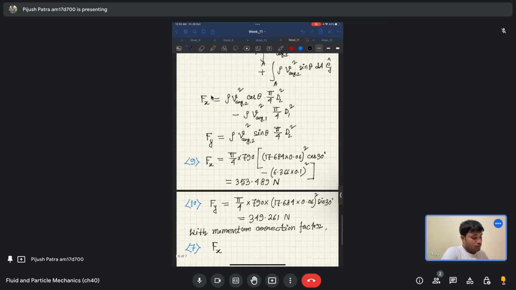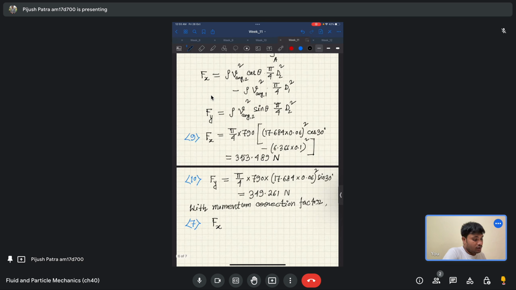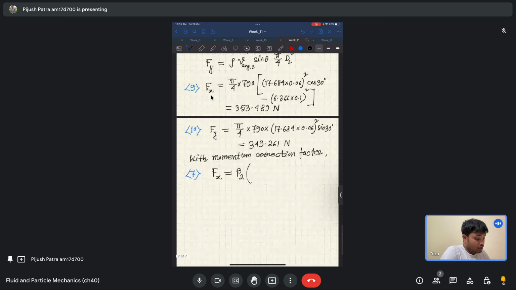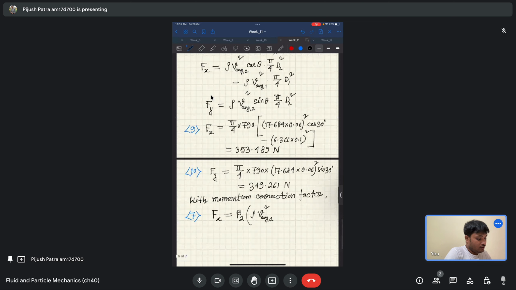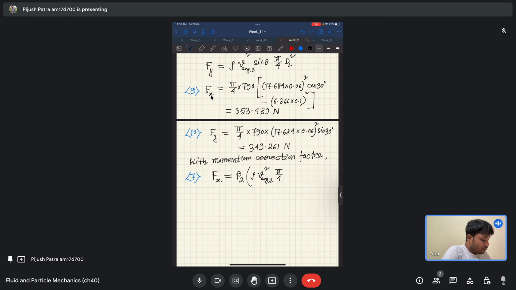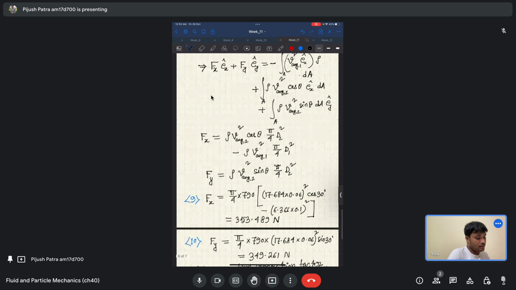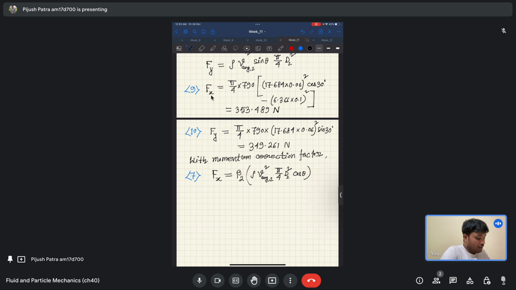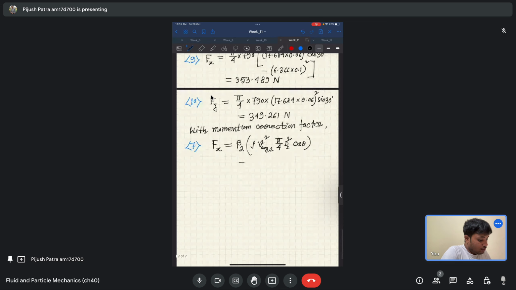Fx will be equal to beta 2 multiplied with this rho V average at 2 square into pi by 4 d2 square into cos theta minus beta 1 into rho V average at 1 square pi by 4 d1 square.